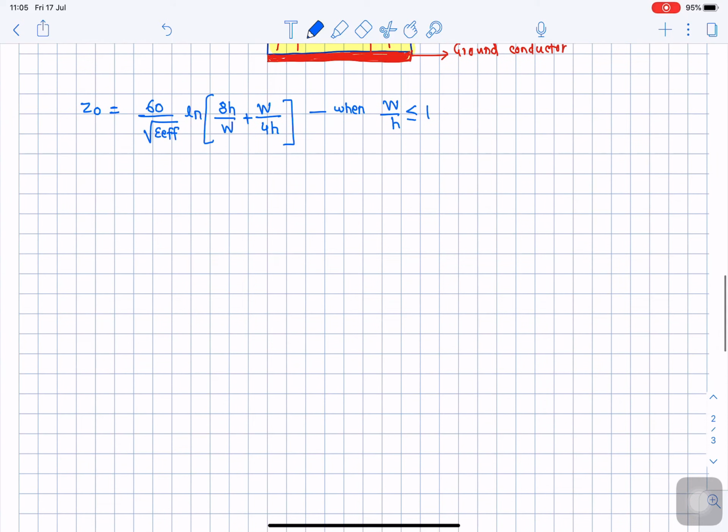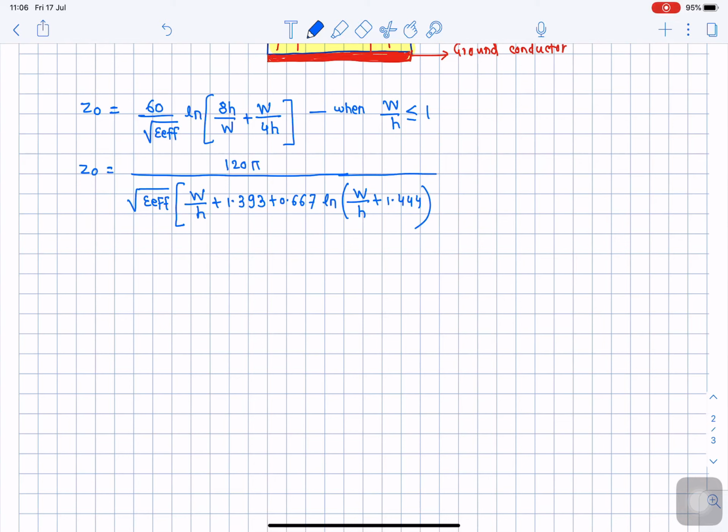On the other hand, for the characteristic impedance we have a separate equation: Z0 equals 120 pi divided by, at the denominator, square root of effective dielectric constant into bracket W by h plus 1.393 plus 0.667 natural logarithm of W by h plus 1.444, bracket complete.